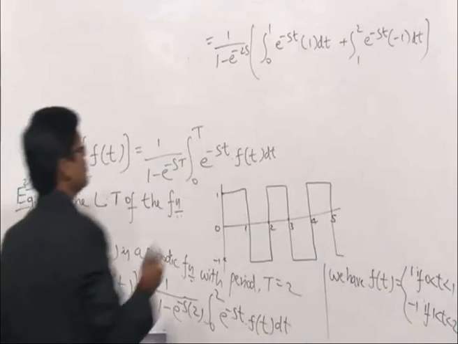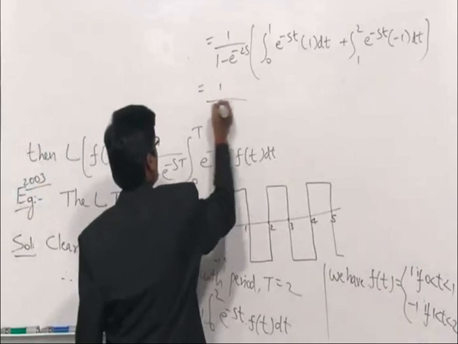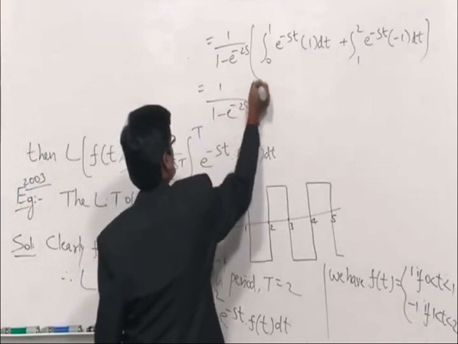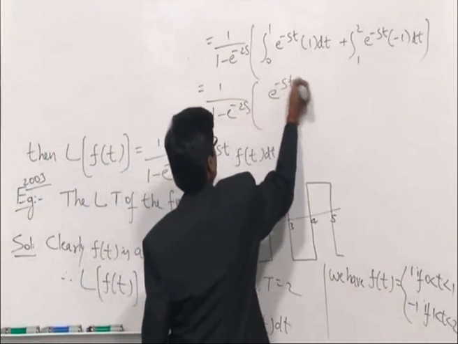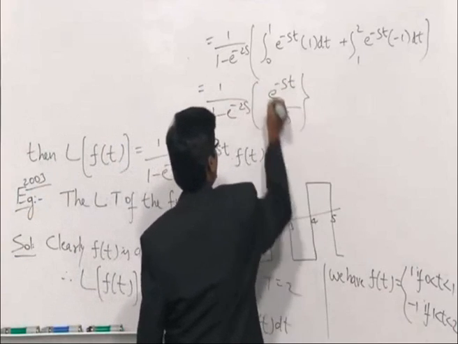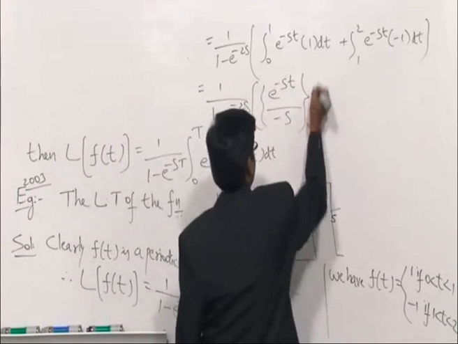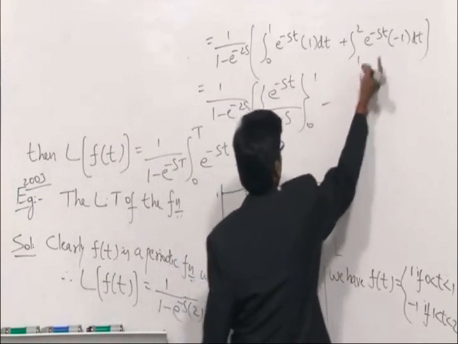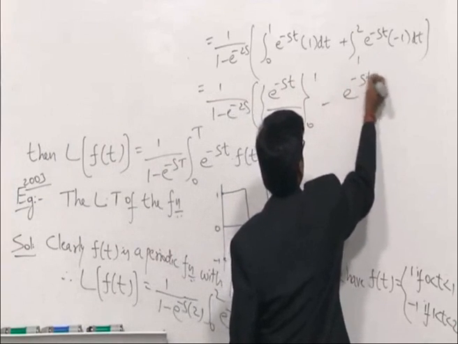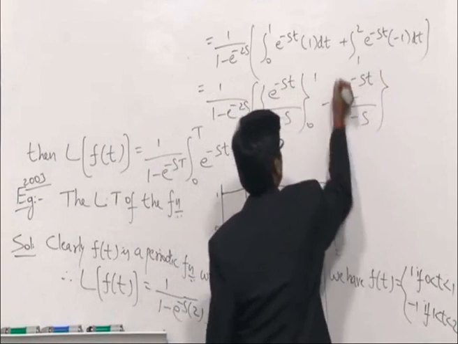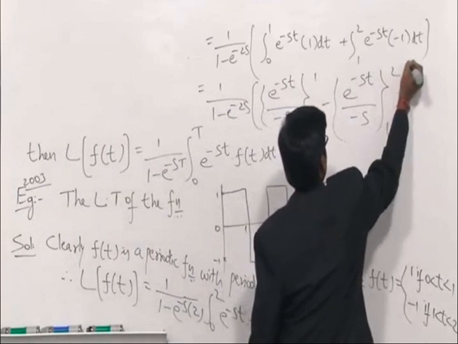So this simplifies to 1 over 1 minus e power minus 2s times e power minus st by minus s, since the integral of e power ax is e power ax by a. And this is minus, keeping minus outside, e power minus st by minus s, whose limits are 1 to 2.